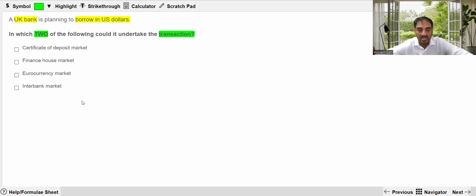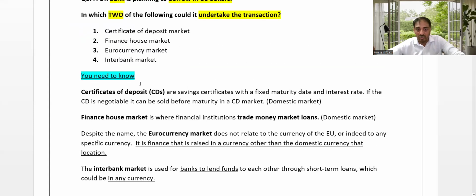These 4 points. First of all, you must be aware and have knowledge about all these components. If not, get the knowledge. Number one, certificates of deposit are saving certificates with fixed maturity and interest rates, but they are normally available only for the domestic market.